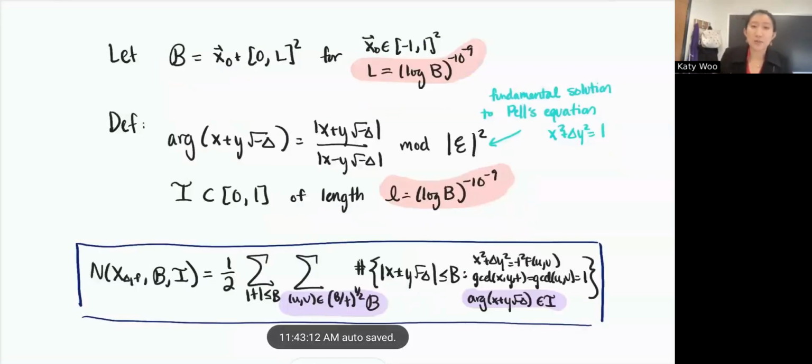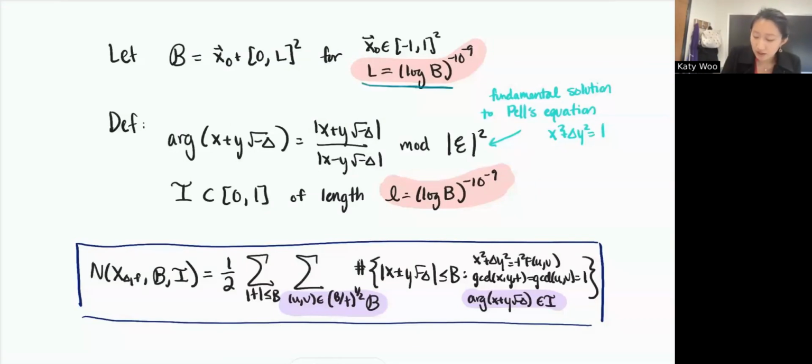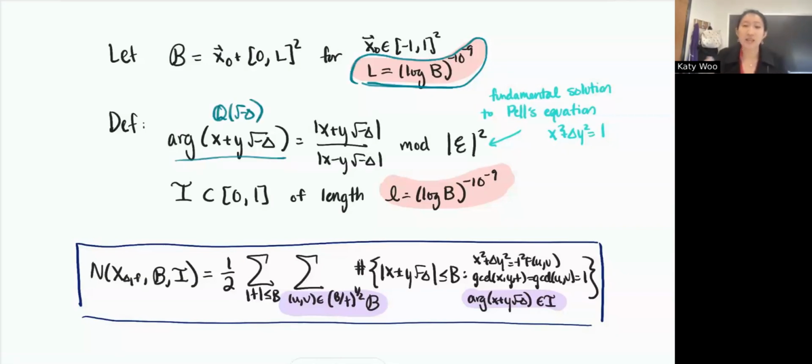So let script B be a box of length log b to the negative 10 to the negative 9. And let's define the argument of an element in your real quadratic field as the size of your element over the size of its conjugate, mod epsilon squared, where epsilon is the fundamental solution to Pell's equation.